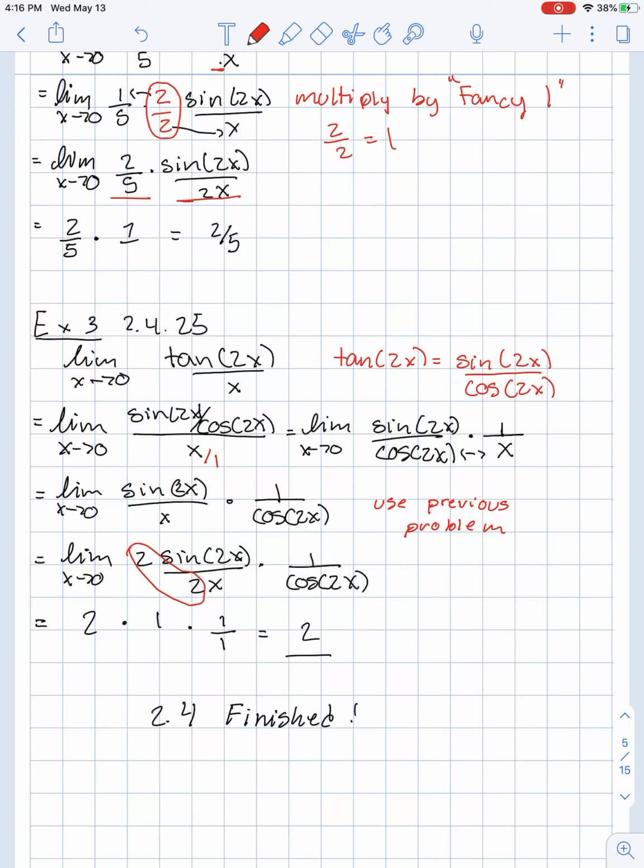So then I have the limit as x goes to 0 of 2 times sine of 2x divided by 2x times 1 over cosine of 2x, which is going to give me 2 times 1 over 1. Cosine of 0 is 1. Multiply that out and I get 2.